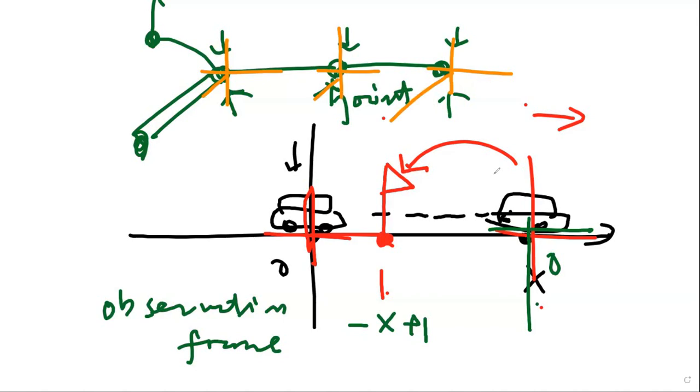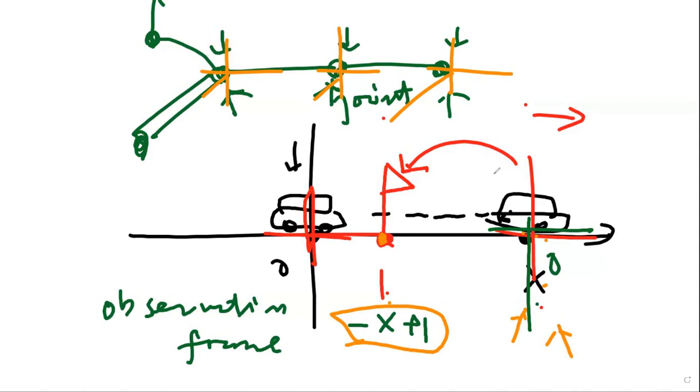But before we jump to the 3D frame change, let's look at 1D. 1D is actually something like this. You move by X, your car moves by X, and your observation frame moves by X. Then your point actually goes from 1 to minus X plus 1, because you are using the green observation frame.